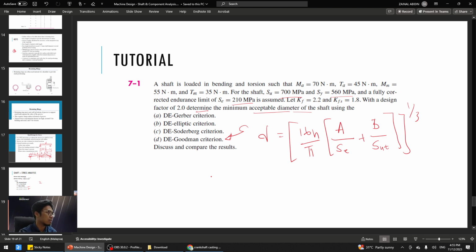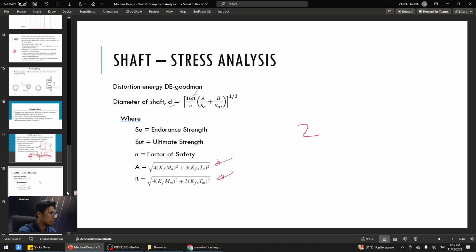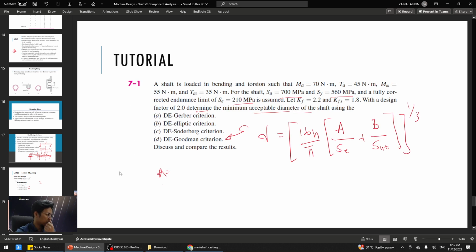What is A? Refer to that equation. What is B? Refer to that equation, and plug all those numbers. You may get diameter of 25.85 mm.